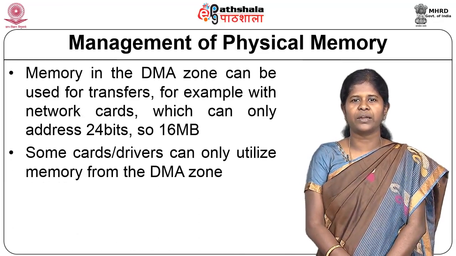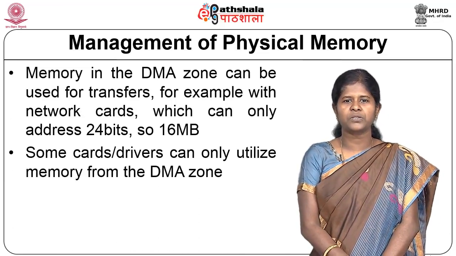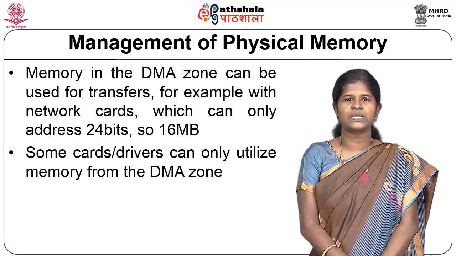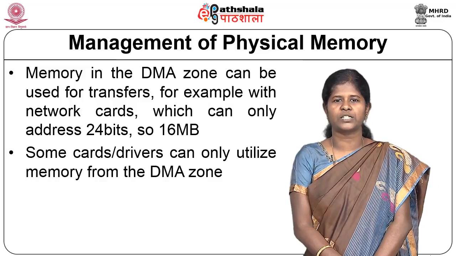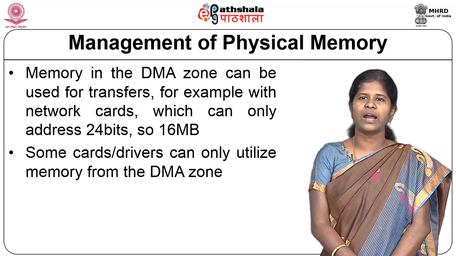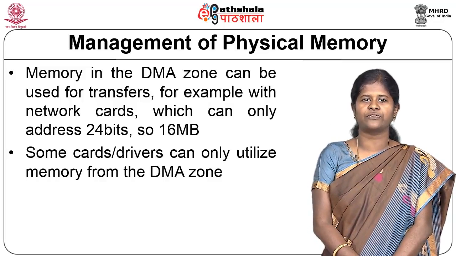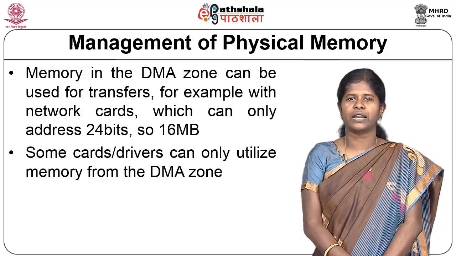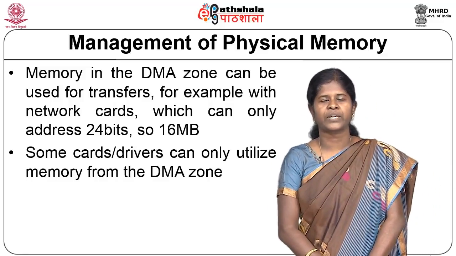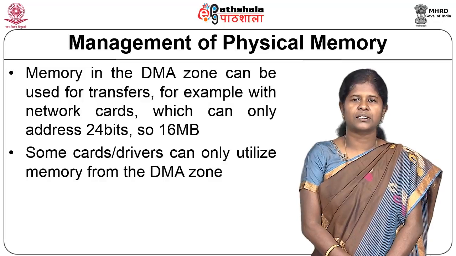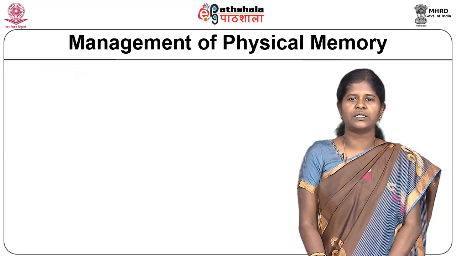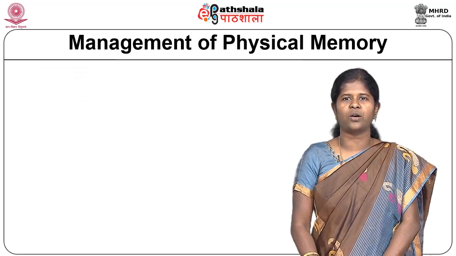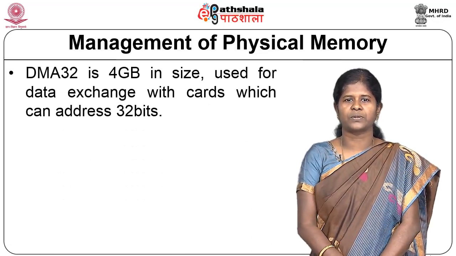Memory in the zone DMA has generally been used by some specific devices. For example, they can be used for transfers with the network cards. The network cards can use only 24-bit addresses, and hence they can address only 16 MB, and those cards will use the DMA zone. Some cards or drivers can access or utilize only the DMA zone.